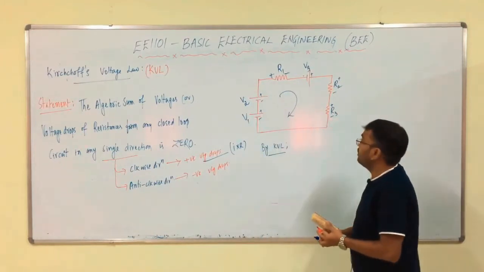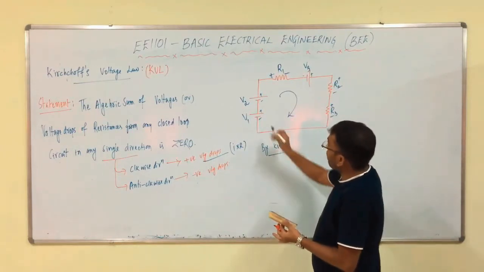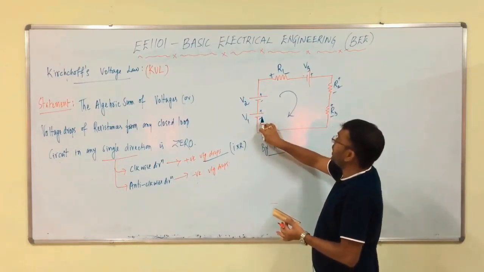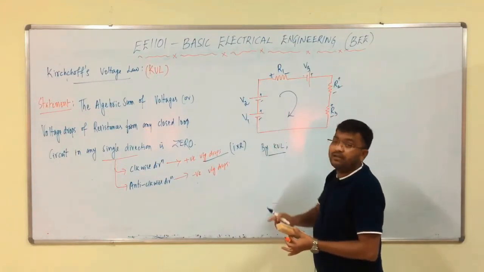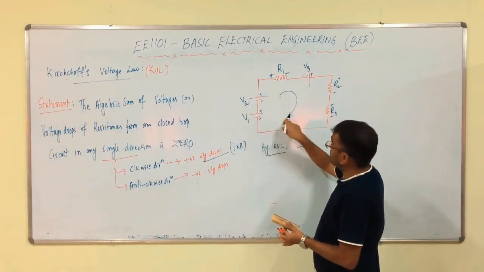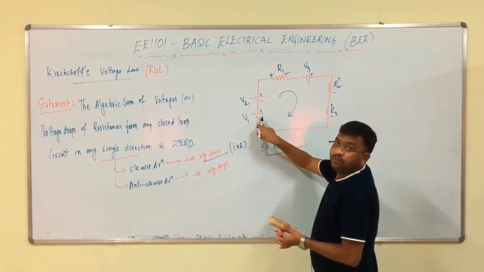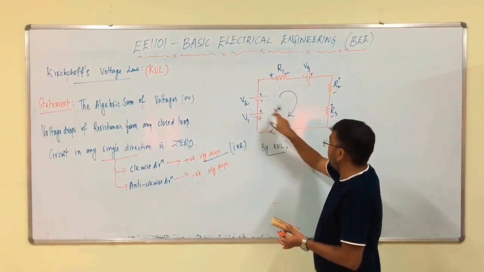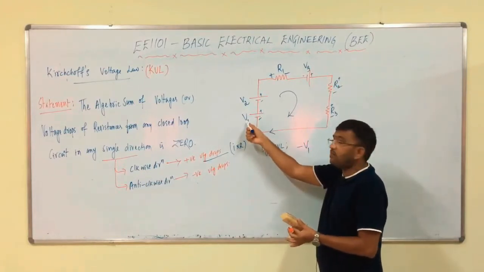we have to write from the single loop, starting from any point. We start from here, that is minus, why minus? Negative to positive, no? This current is entering from the negative plate to the positive plate, that is minus V1.